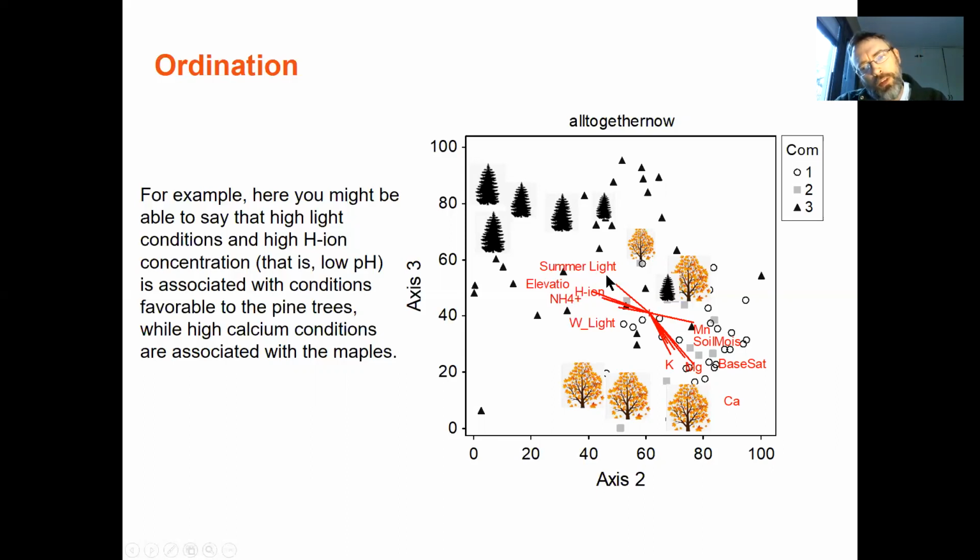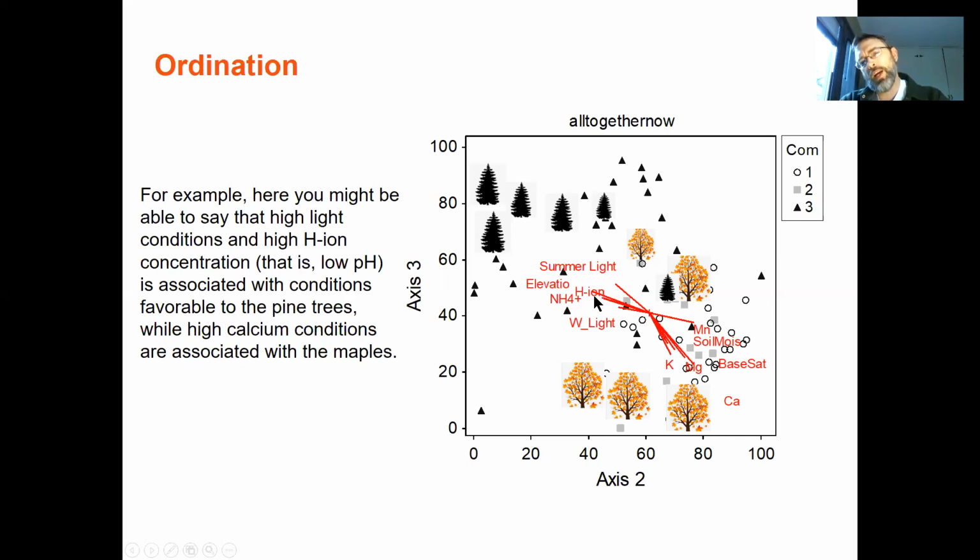The way the vector is pointing means increasing of whatever that parameter is. So this is summer light, increasing this way. We measured light in the forest, literally. And H ion concentration right here. This is hydrogen ion concentration. More highly concentrated hydrogen ions in the soil means lower pH. Biology. That's associated with favorable conditions for pine trees. While if you head down this way, and by the way, this would be the negative of that: H ion concentration increases, pH goes down, that's more acidic conditions.